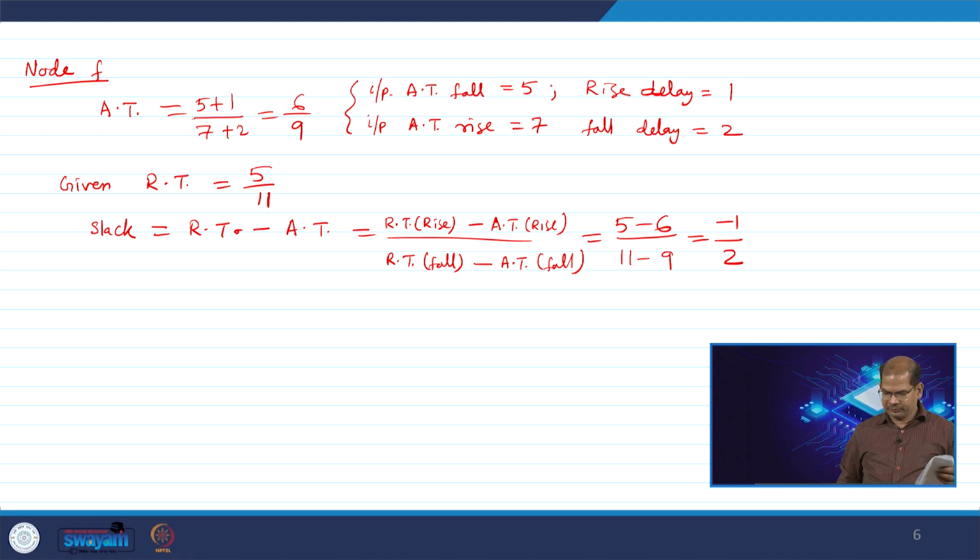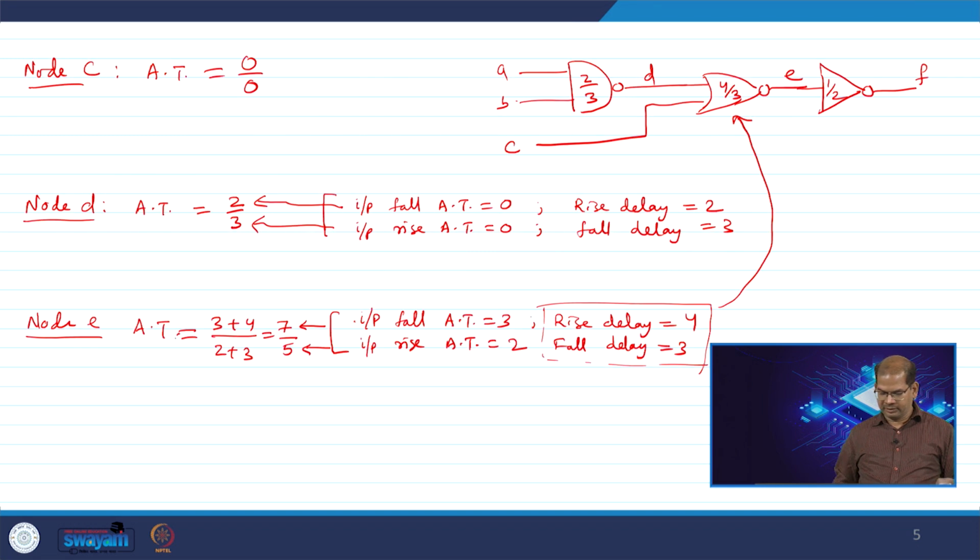So, now I have to go back. I need to find the required time at node E. The required time at this point is basically, I have two things here.